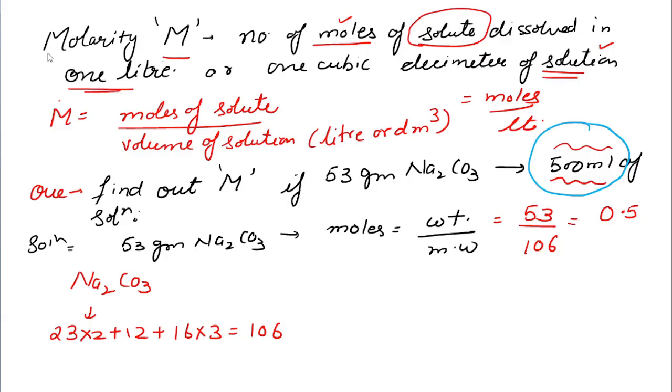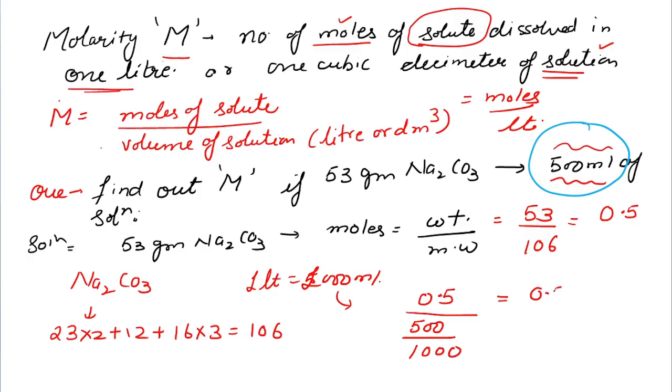Now this 500 ml is converted into liters, and 1 liter equals 1000 ml. Keeping this value in the formula, moles equals 0.5. The volume of the solution is 500 ml, now convert into liters, 500 divided by 1000, which is 0.5.